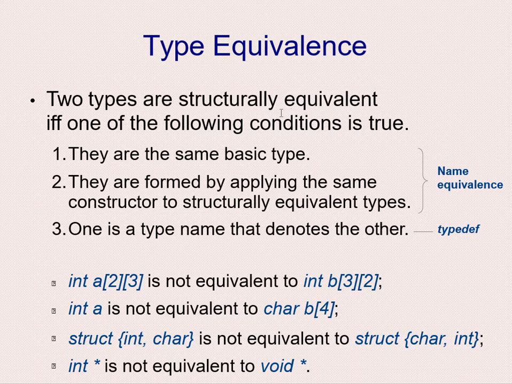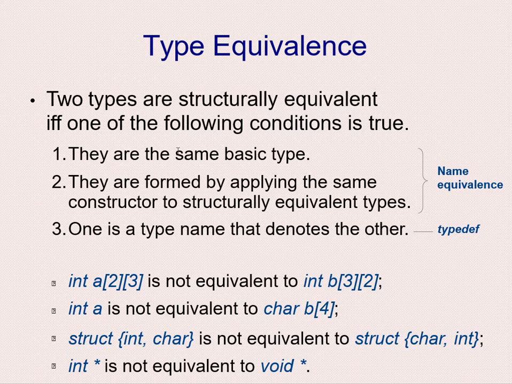Two types are structurally equivalent if one of the following conditions is true. So here we have to see when two different types of structures are equivalent. One of the following conditions should hold.